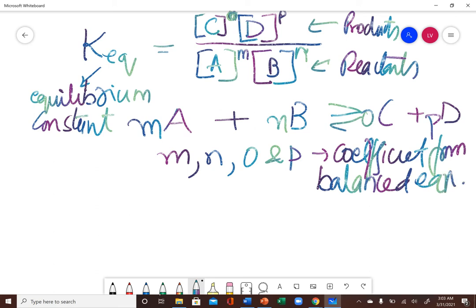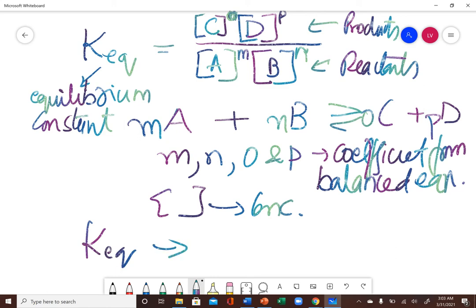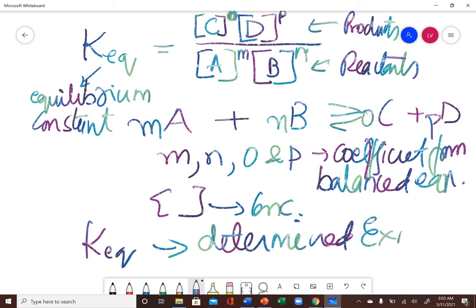You do remember square brackets mean concentration. Now, if we're talking about concentration, guess what? KEQ has to be determined experimentally, because you need to measure the concentration of products.